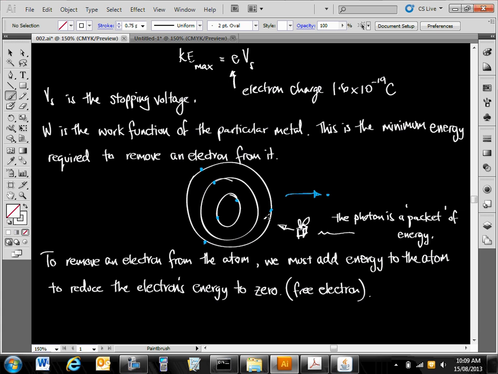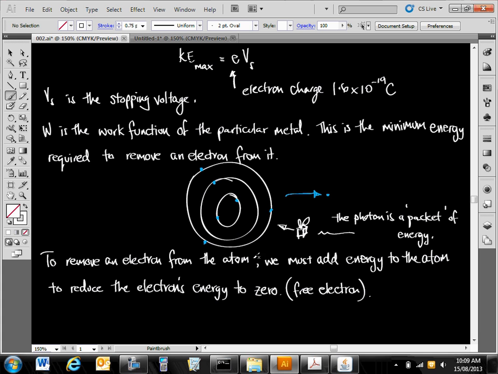But to remove an electron from the atom, we've got to add energy to that atom, of course, or some people might say to kick off an electron, we have to give energy to an electron so that it becomes free from that atom. And what we say is these electrons have negative energies. That is, they are bound to this positive nucleus through their negative energies.